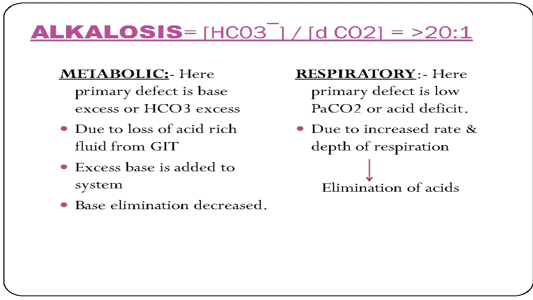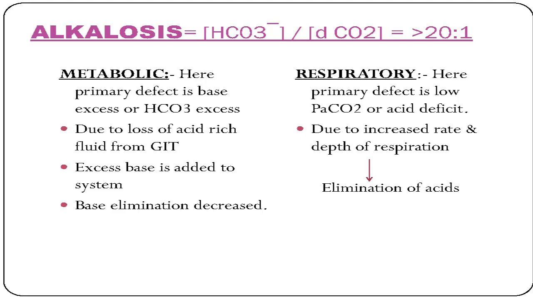First is due to the loss of acid rich fluid from GIT, that is present in case of this patient, which we have just discussed. The patient vomited more than 10 times and the food from the stomach is washed out, and you all know that there is gastric acidity. So there is hydrochloric acid in the gastric content, and the food mixed with hydrochloric acid is lost.